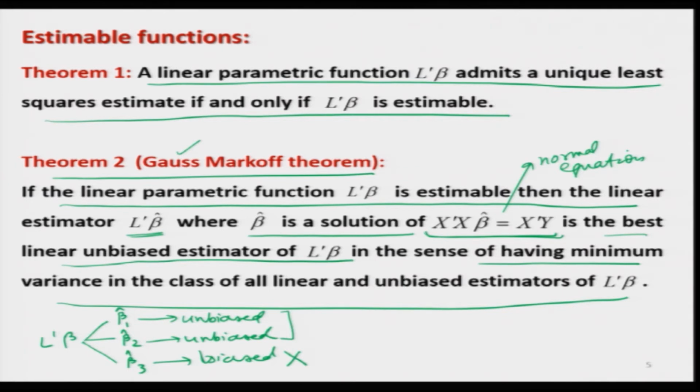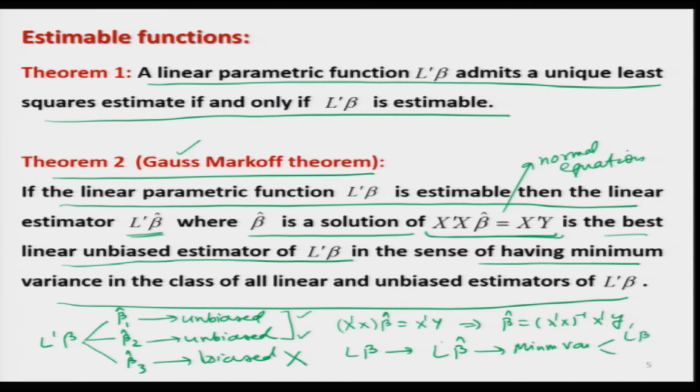For that, this theorem informs us that out of beta 1 hat and beta 2 hat, the estimator you obtain by solving the normal equation X transpose X beta hat is equal to X transpose y, that is, beta hat is equal to (X transpose X) inverse X transpose y, and then replacing beta by beta hat in L transpose beta, is going to give you the minimum variance between L transpose beta 1 hat and L transpose beta 2 hat.